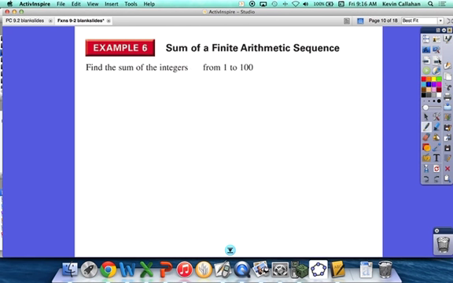But it's better if you could do it smartly. In a timed test, you don't want to spend too much time adding the numbers from 1 to 100 when in fact you've got a formula that does it pretty easily. This means 1 plus 2 plus 3 plus ... 99 plus 100.